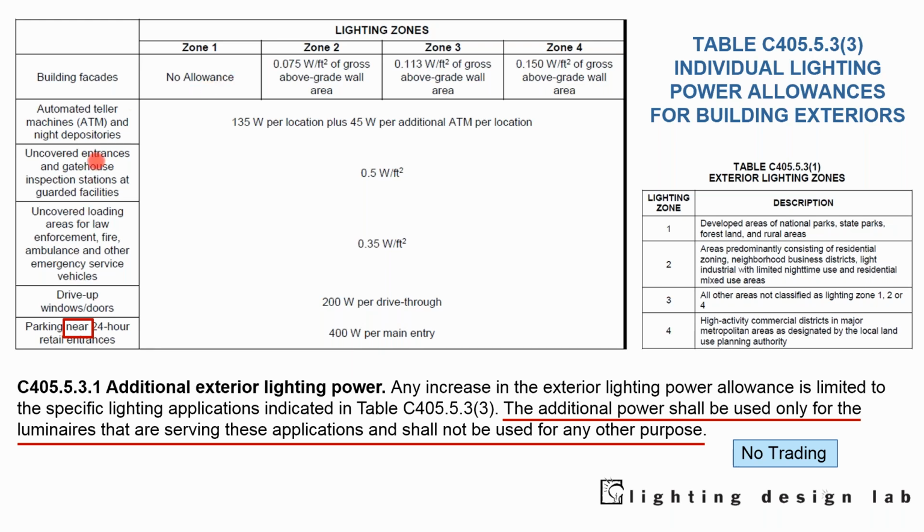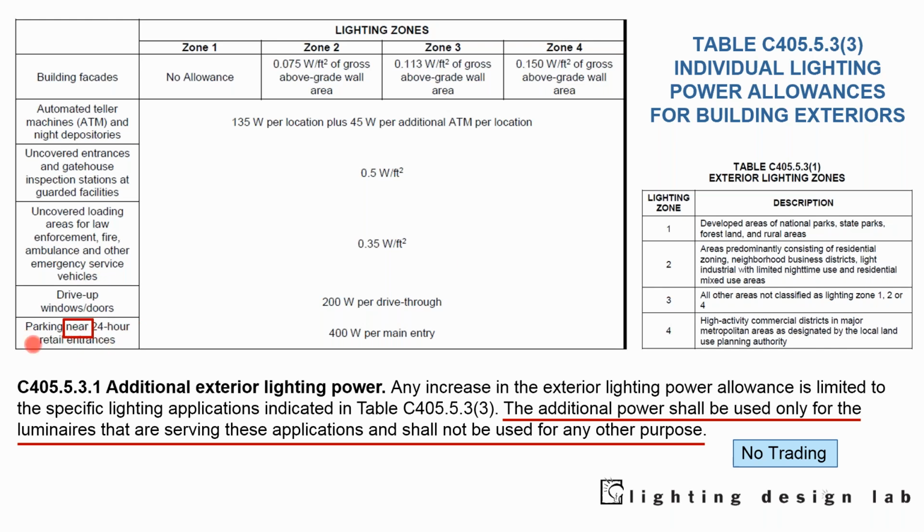But you might have an automatic teller. You might have a gatehouse of some kind. You might have loading areas for, in hospitals and fire, drive-up windows. You can't trade these around though. You can't say, well, I'm going to use this wattage that I would have had if I had an automatic teller and apply it to my loading area. So you either have it or you don't.